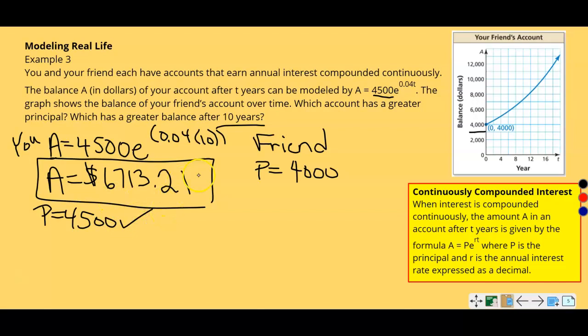But if we look at after 10 years, we're going to use the graph to see what your friend has after 10 years. So you can see these go 4, 6, 8, 10, 12. So 10 would be right here. And you go up here. And so this is 6, 7, 8. So this is going to be about $7,200.